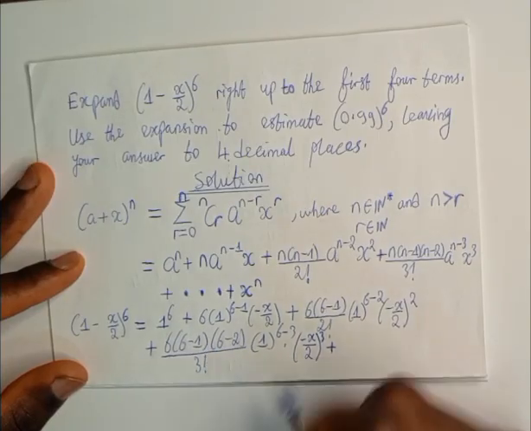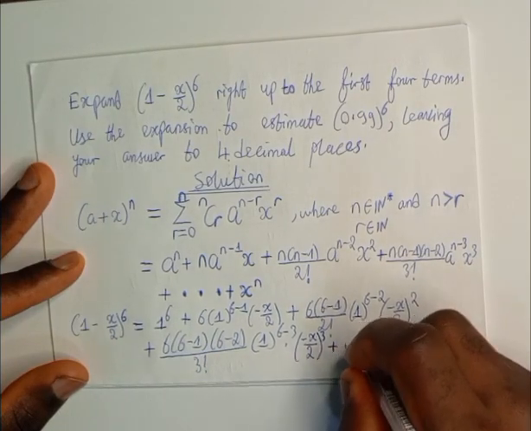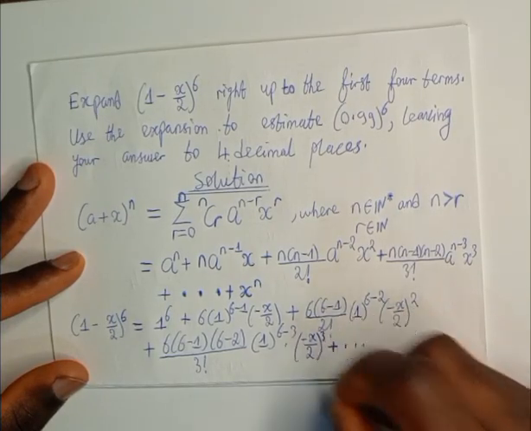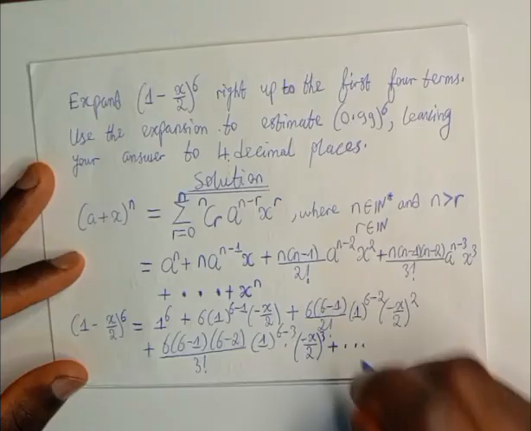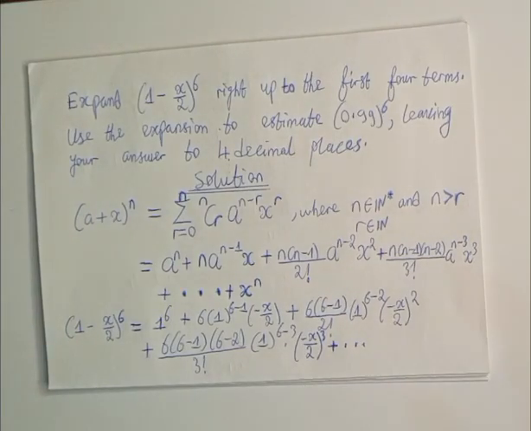It's already up to 4 terms. We're going to put plus 3 dots as such. That means there are other terms that follow. We are interested only in the first 4 terms.